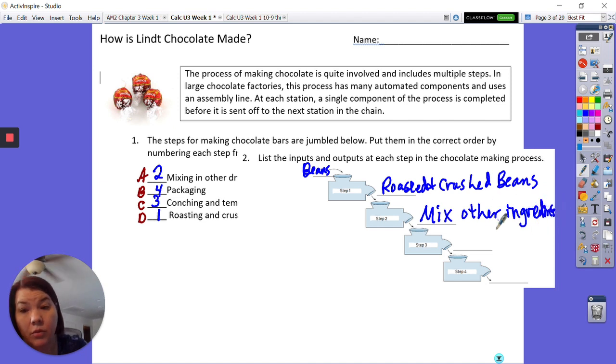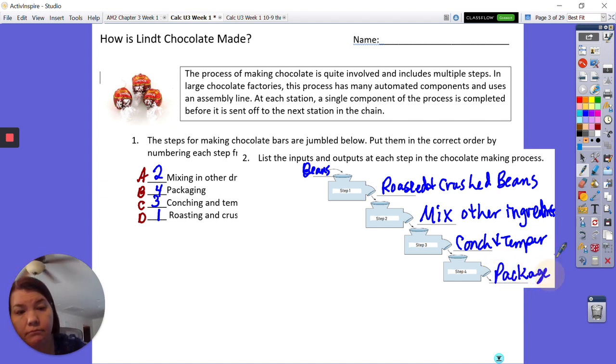Ignore the spelling there. Then we conch and temper. And then last we package. So there you go, the bean processing, the chocolate making process.